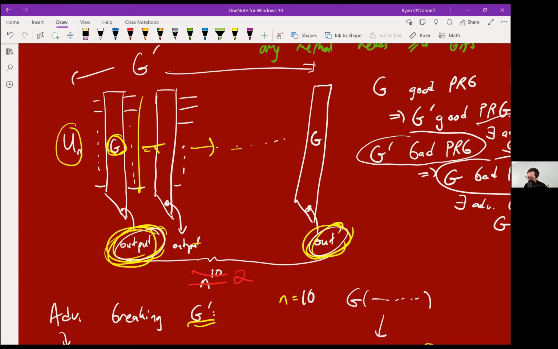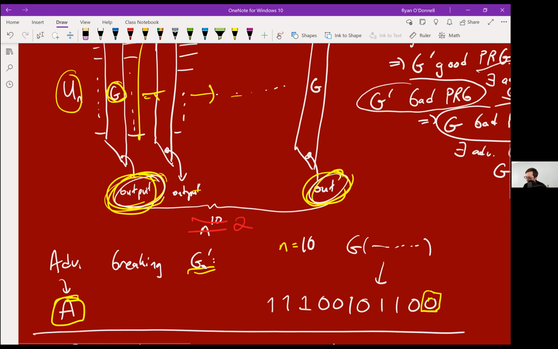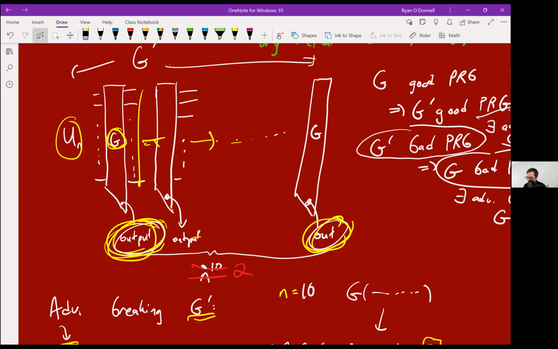So for example, maybe we'll do one more test. Can I ask a high level kind of question? Yeah, go for it. What we're trying to show is that this output of G prime is good in some sense, right?